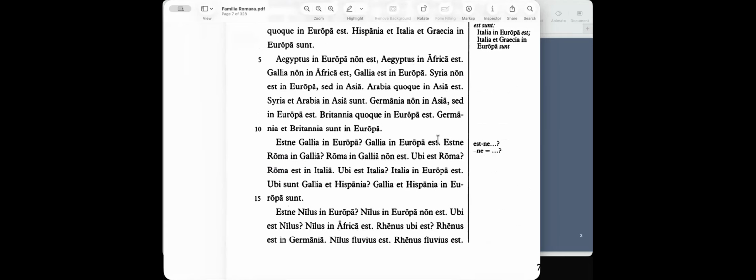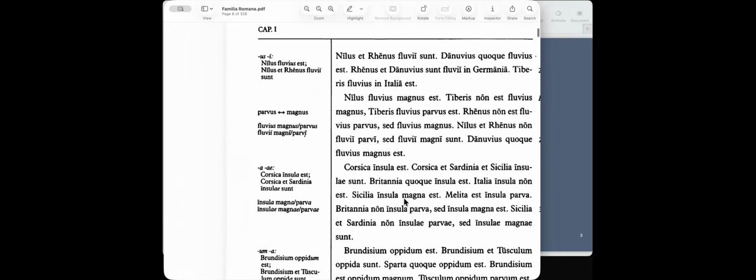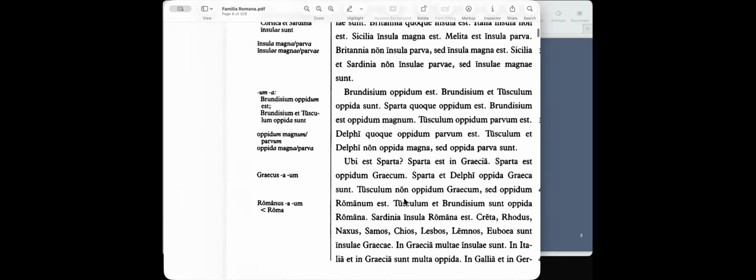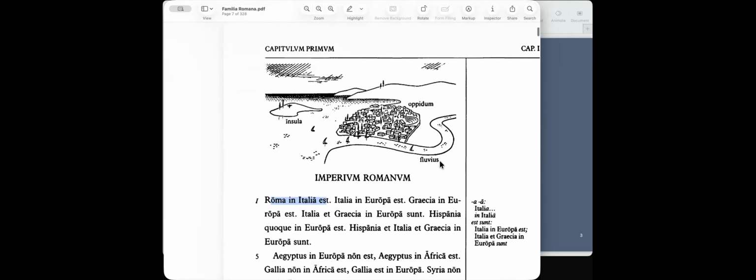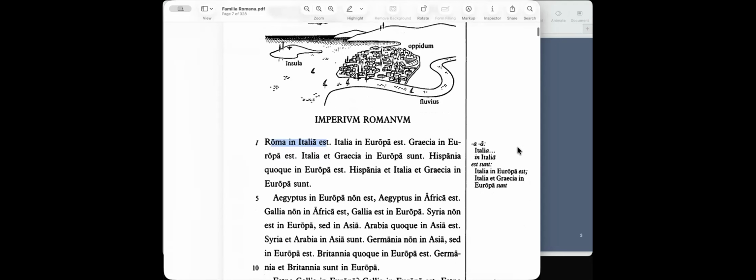Somewhere here you hear that Britannia insula est. But anyway, up here: insula, island; oppidum, city; fluvius, river. So the book gives you a lot of hints about what is going on in the margins, okay?